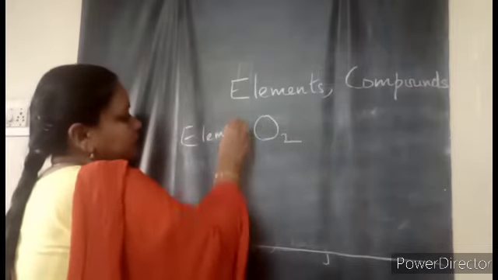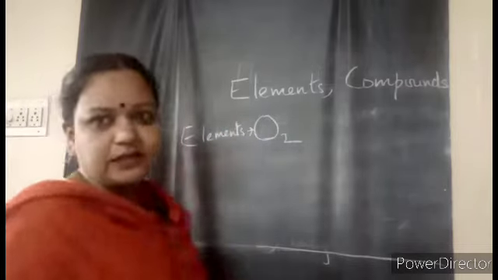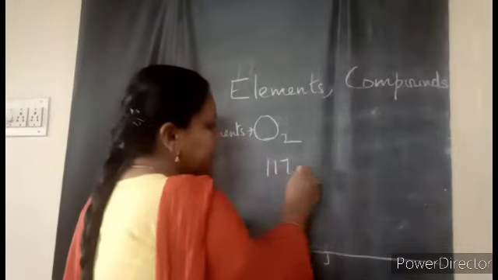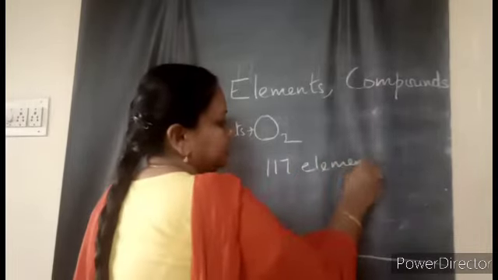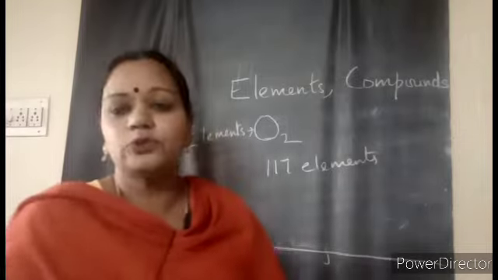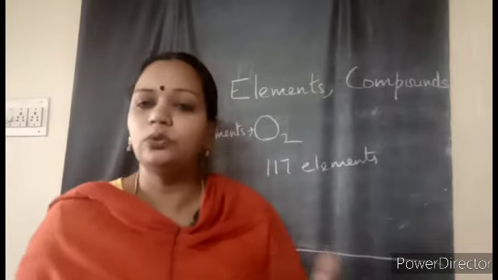So on this earth so many elements are there. That is 117 elements are found on the earth. These elements play a very important role for us to live on the earth.